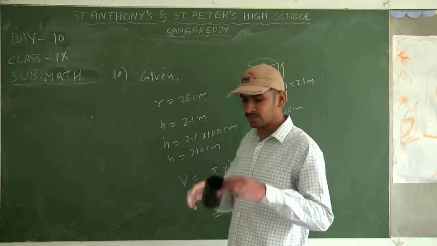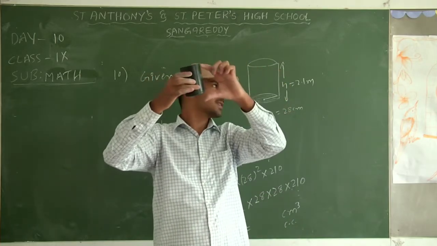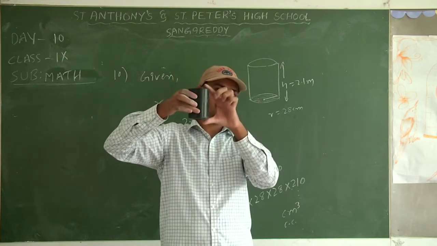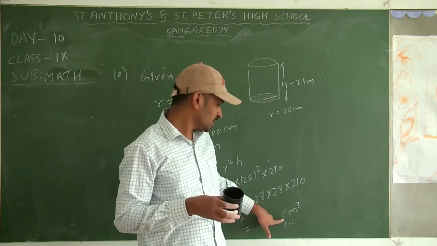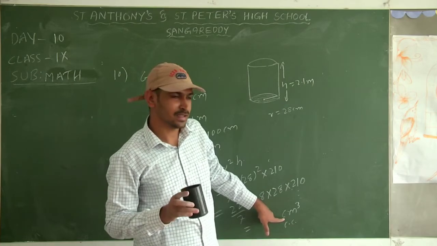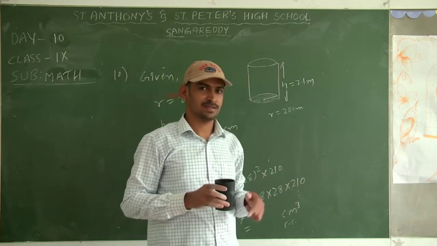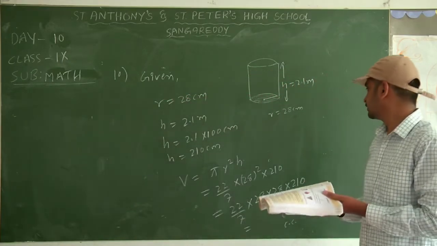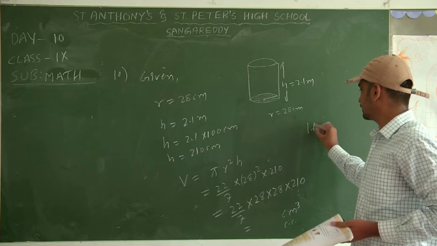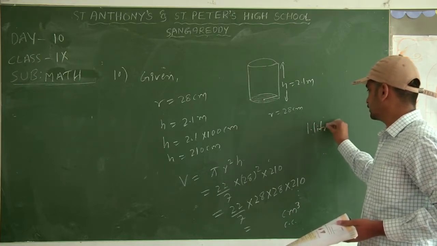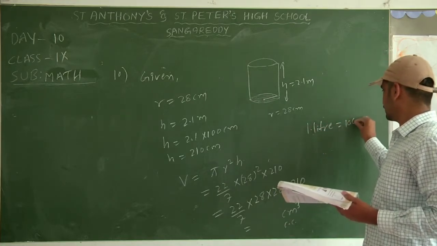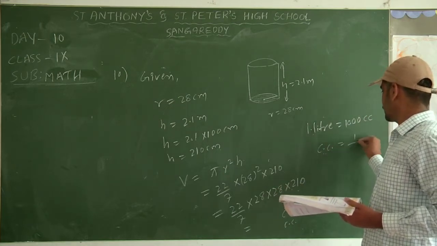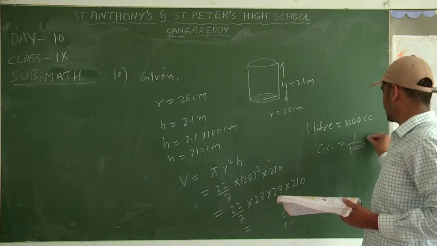So this is our drum, like this only. Height is given and the radius is given, so we can find the value. After that we will get the value in terms of centimeter cube, nothing but cc. Now you have to convert into liters. 1 liter equals 1000 cc, so 1 cc equals 1/1000 liters.